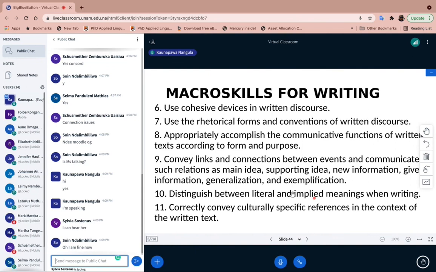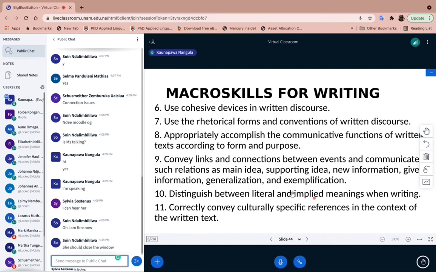So when Soyin comes in, she'll go, "Oh, it's very cold in here." What can Sylvia assume from that statement? Anybody can answer. What can be assumed? She must close the window. Exactly. That is the implied meaning. So that's what we mean by that.